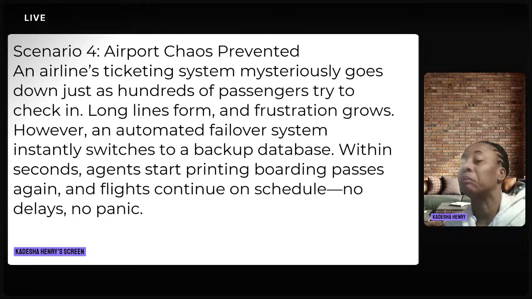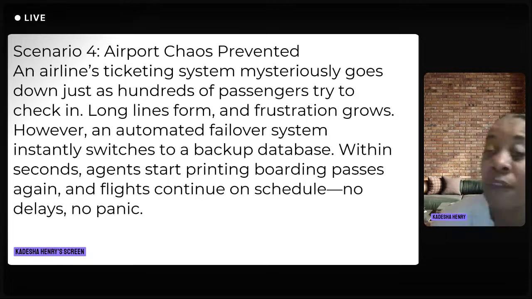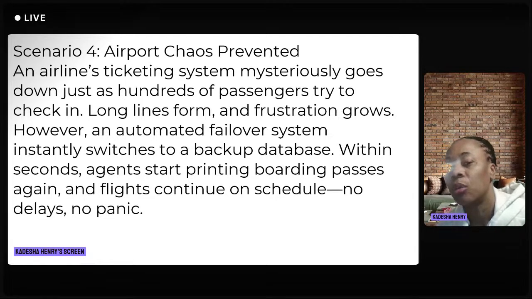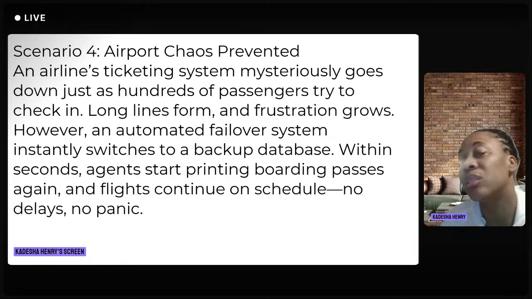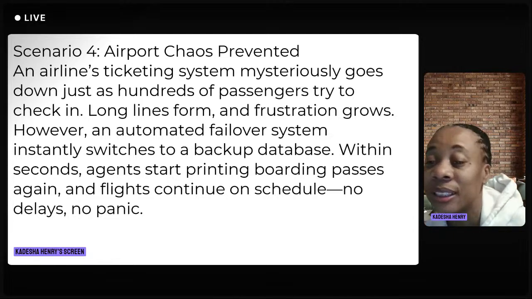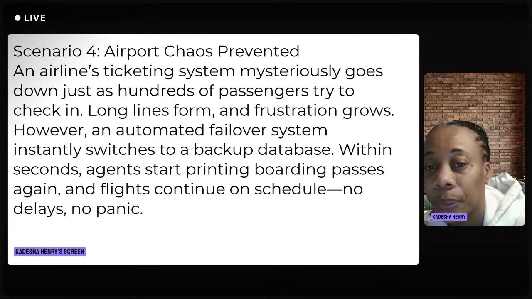Which automatically kicks in, right? So can you imagine if they didn't have such a failover system in place? What's the chaos that this could create? People will probably have to go back home because the entire system is down.